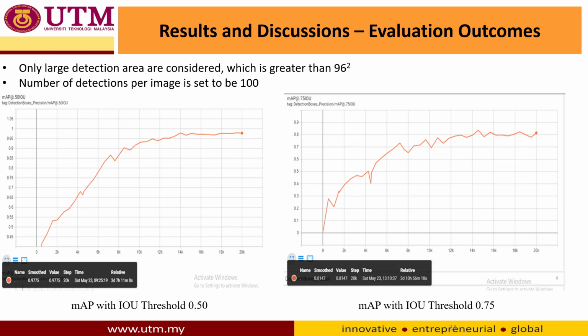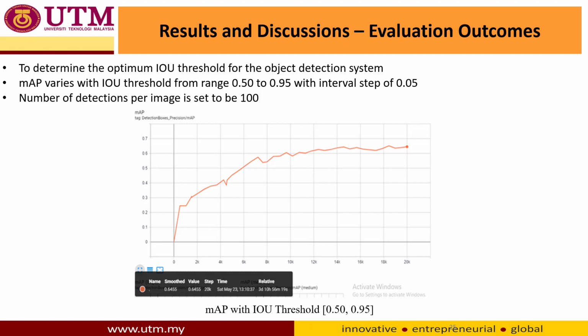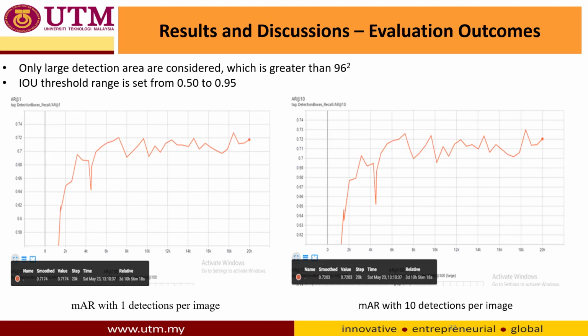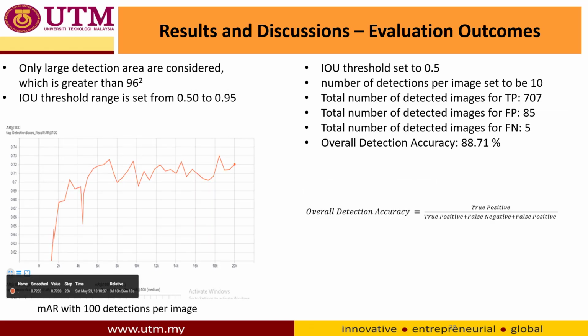This is the result for mAP with IOU thresholds of 0.5 and 0.75, while this image shows the mAP with IOU thresholds from 0.5 to 0.95. We also have average recall and mean average recall. These are the results for mean average recall with 1 detection per image and with 10 detections per image. From our evaluation we obtain an accuracy of 88.71%.